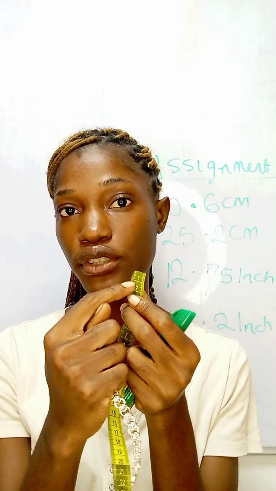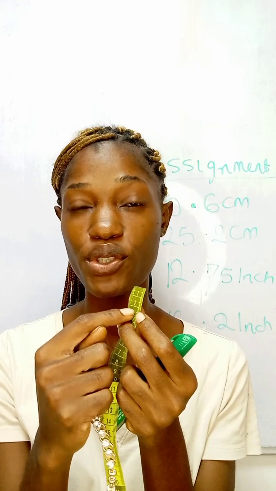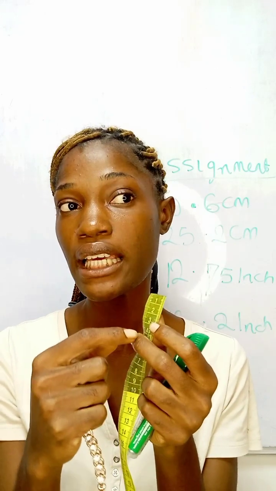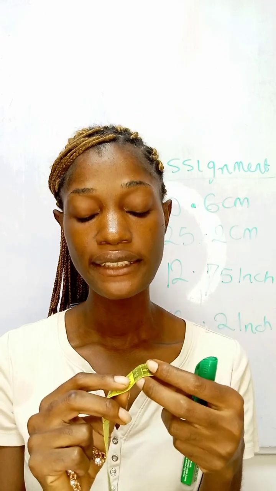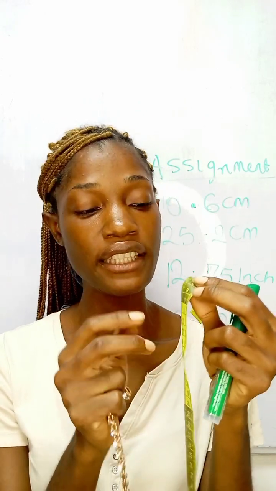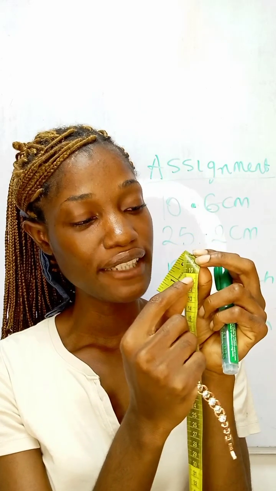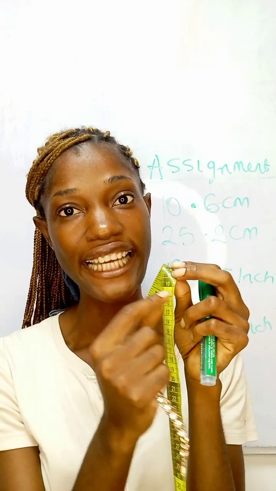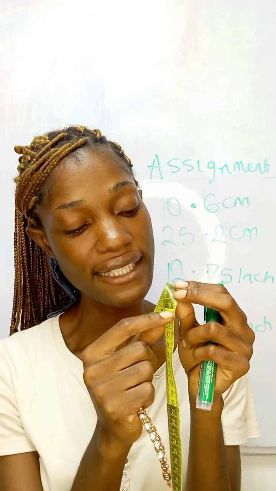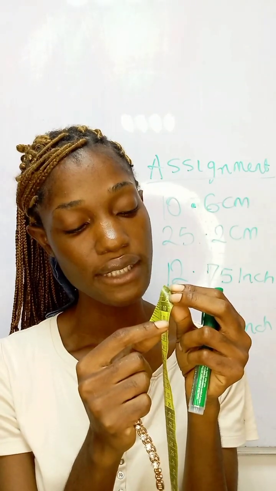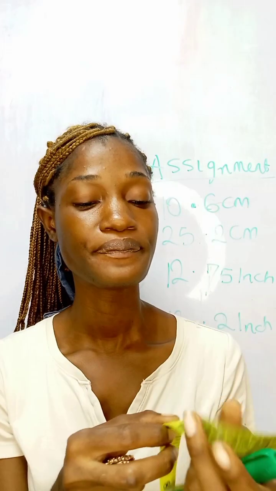The line under 1 is 1, the line under 2 is 2, the line under 3 is 3, and so on. If you're looking for 10.3, for example, you go to 10 first, the line under 10, and then the next one is 10.1, 10.2, and 10.3. So that's how the tape is read.